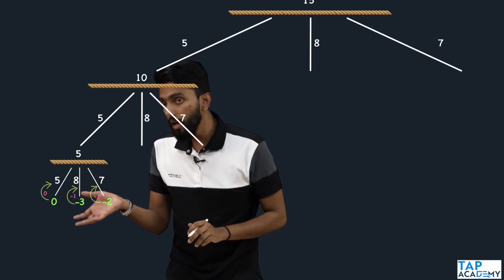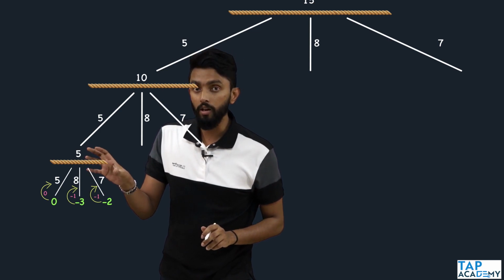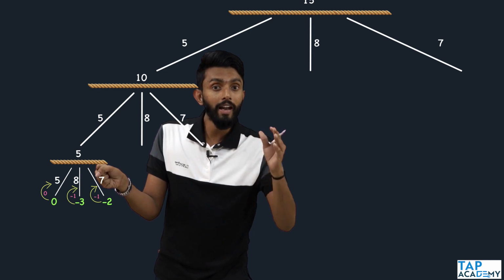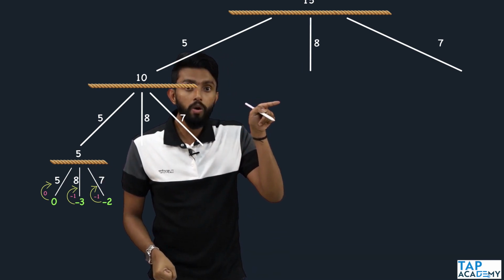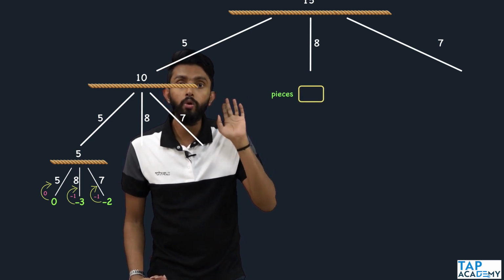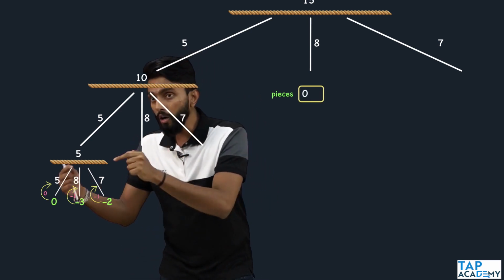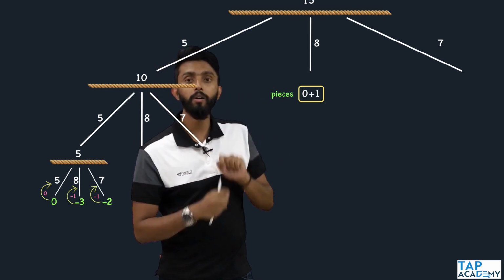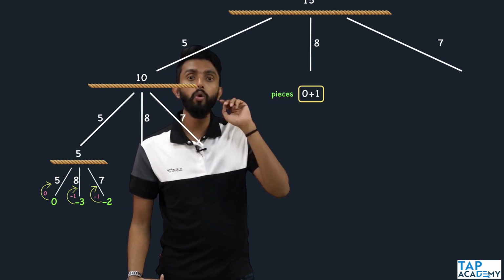So what should it do? If the max of whatever is returned is not minus 1, then you must now create a variable called pieces. Initially its value is going to be 0. What you have to do now is add 1 to it. If I add 1 to 0, it becomes 1.